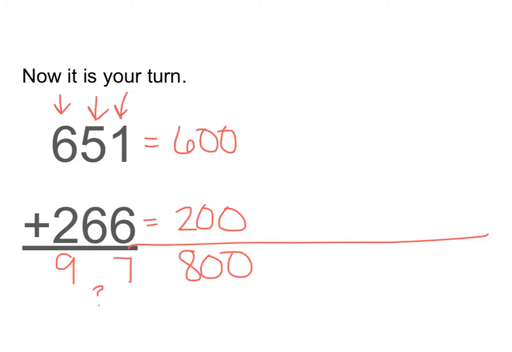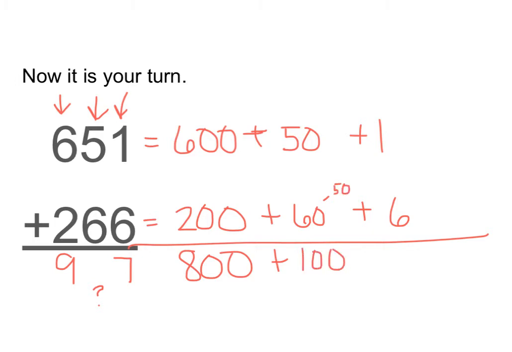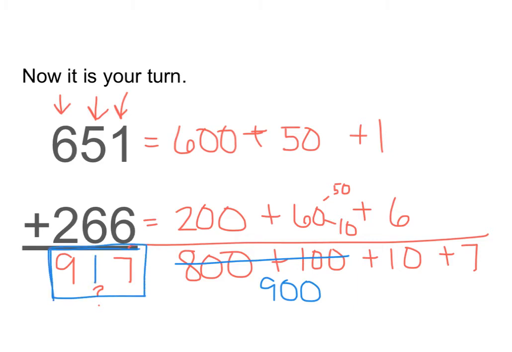So again, we're just looking for the tens column. 600 plus 50 plus 1, 200 plus 60 plus 6. 50 plus 50 is 100, and we have a leftover 10. 6 plus 1 is 7. Combine the like terms. 800 plus 100 equals 900, plus 10 plus 7 is 917. Great job.